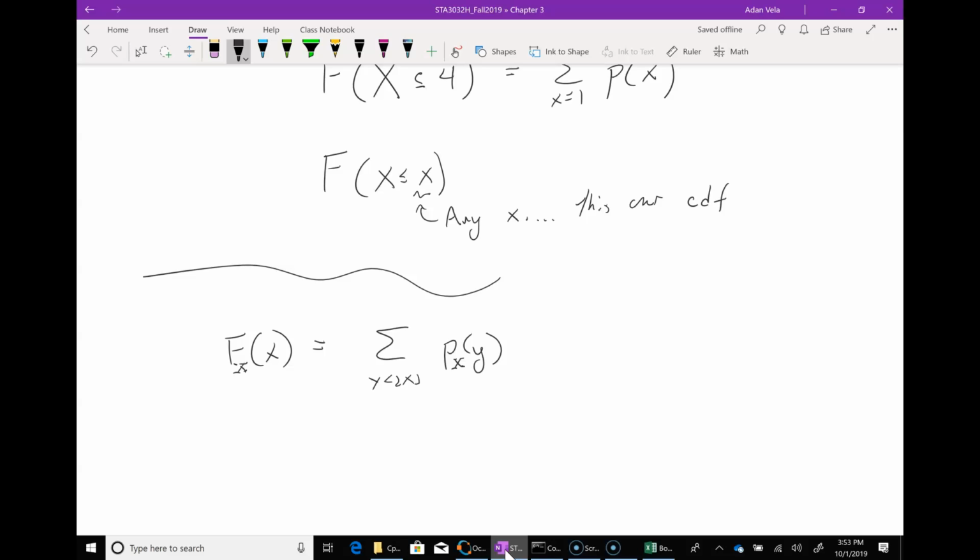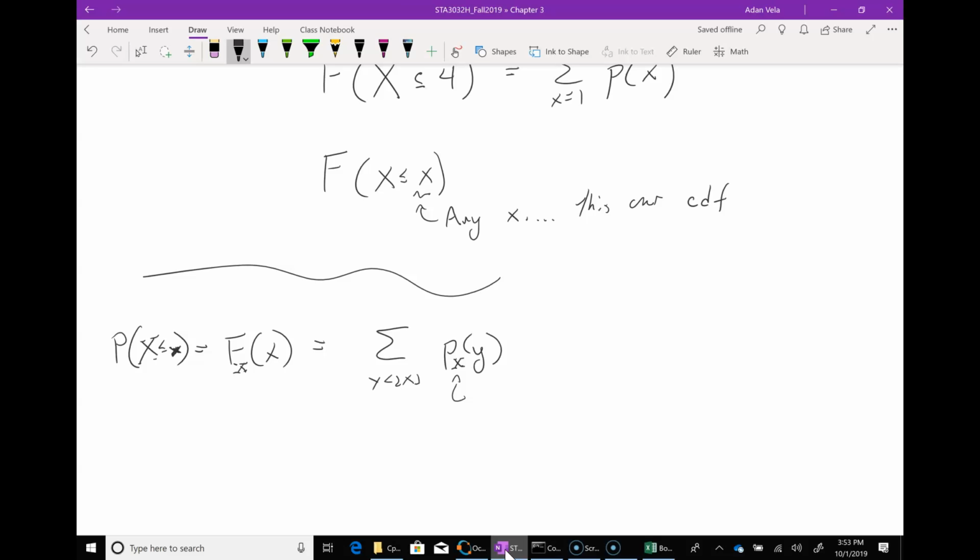Because in fact, we're saying we want to know the probability that x, the random variable, is less than some specific value x, all right? And all those values that are smaller than x are going to be this y. Okay, so this gives you some intuition why we like to put this value here.